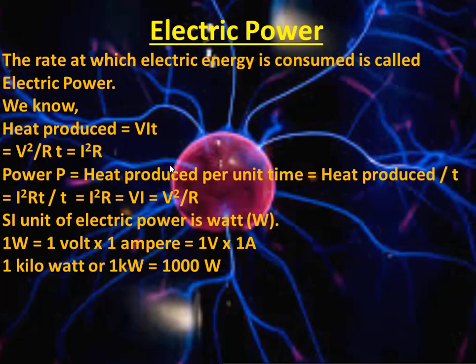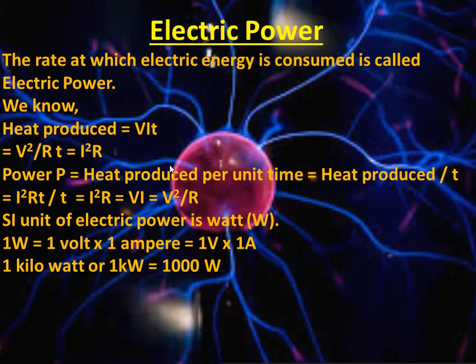Now power is equal to heat produced per unit time, that is heat produced by time taken, that is I square Rt upon t, that is I square R, or we can say that VI or V square by R.